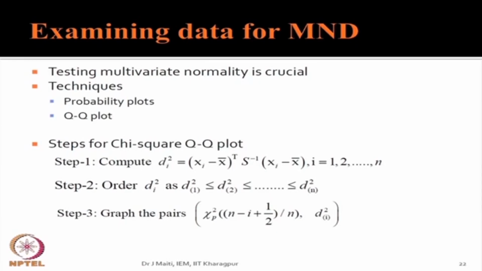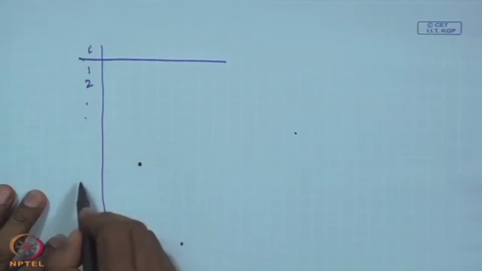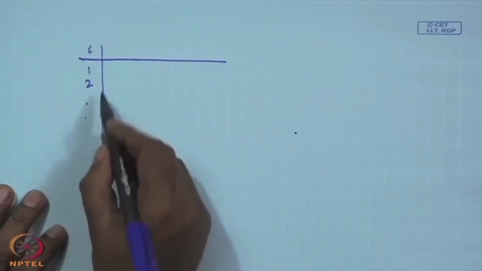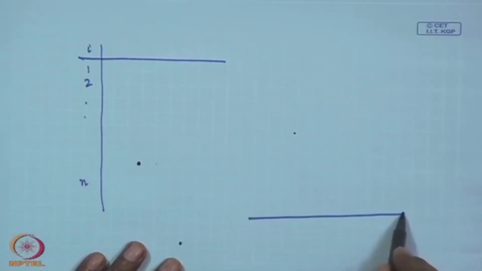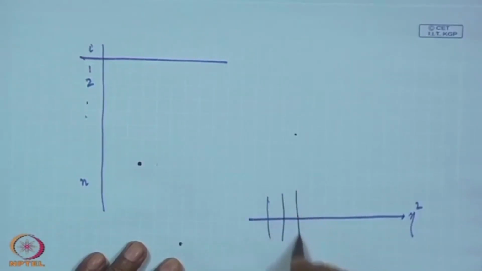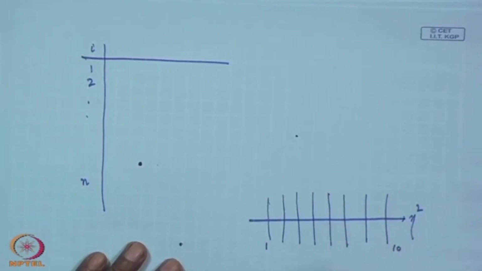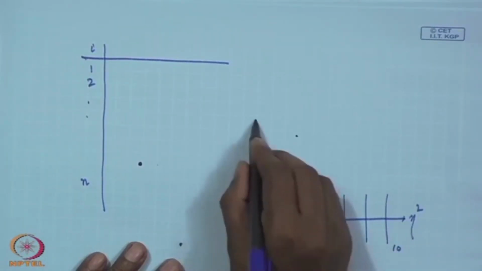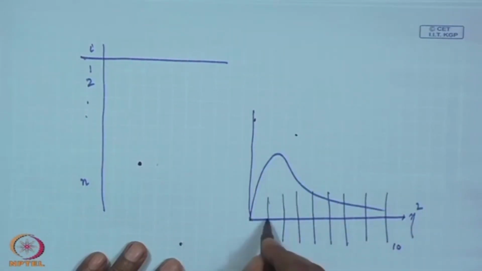What is happening here? You see that you have 10 data points, i equals 1 to 10, ordered data points. So, this is the chi-square axis, the chi-square variable axis. You have divided it into 10 parts, 1 to 10 parts, and your chi-square will be something like this, as we have discussed. Now, you want to get the chi-square value here.